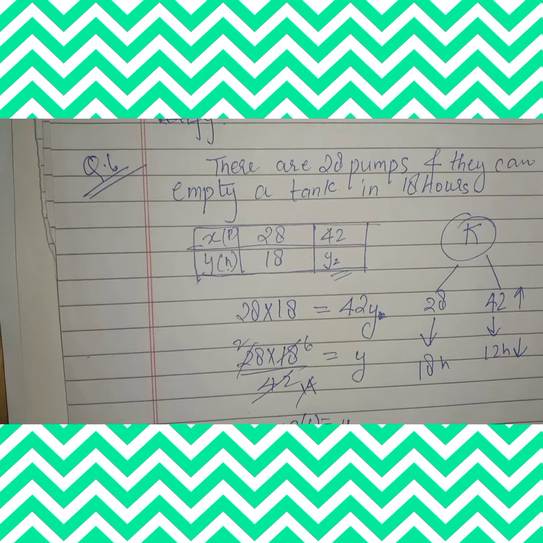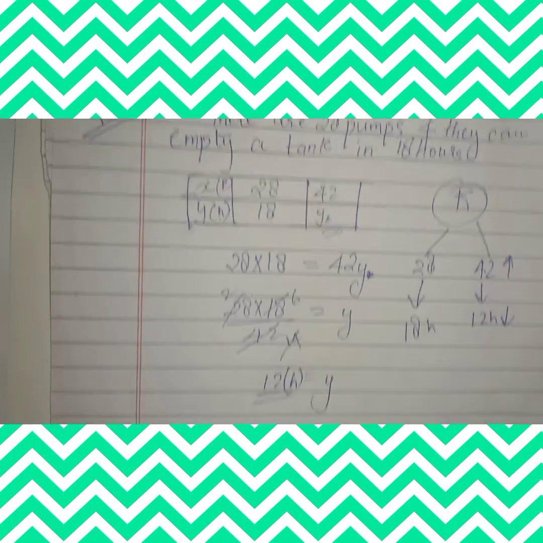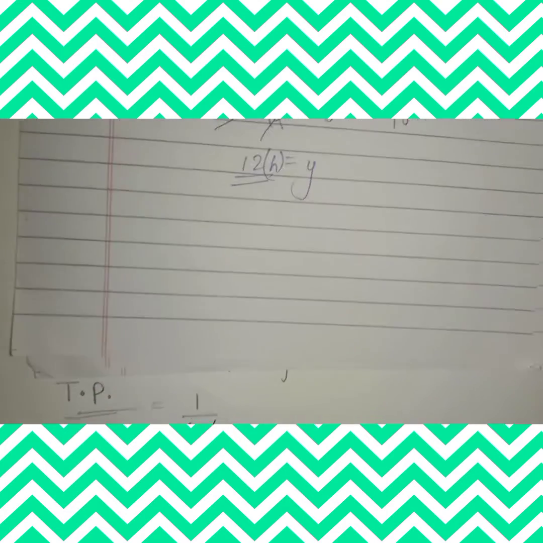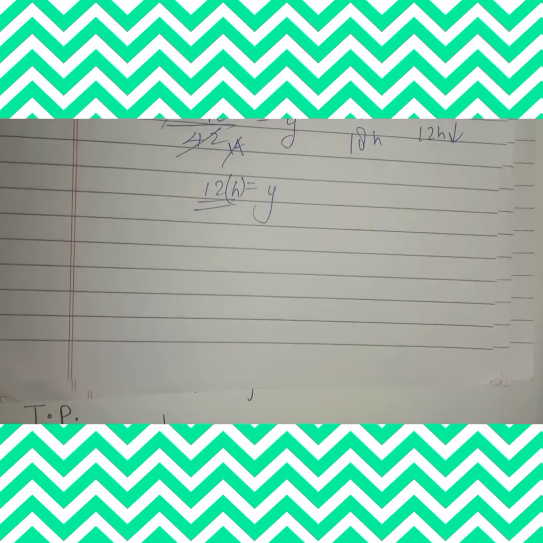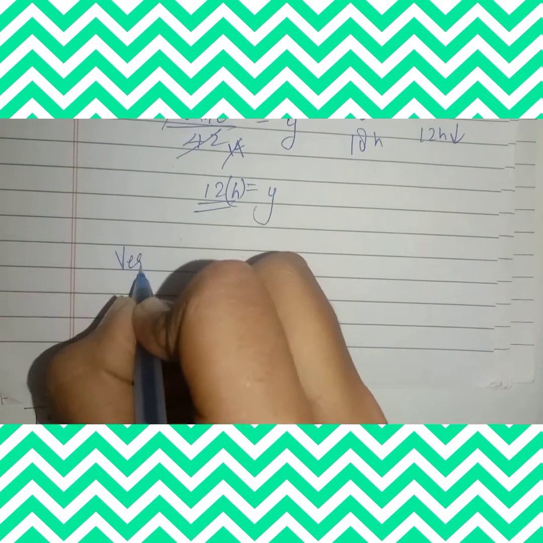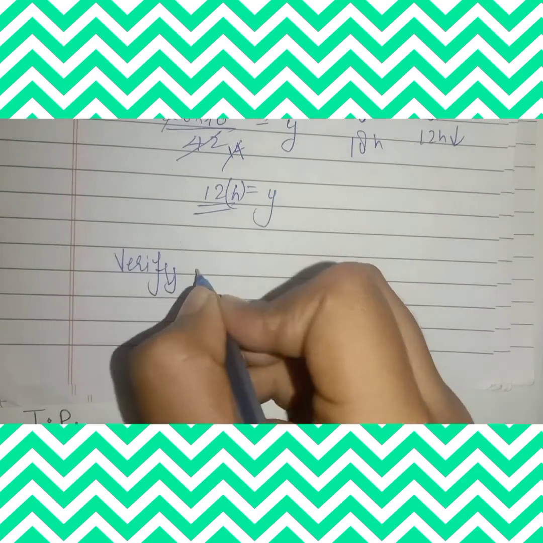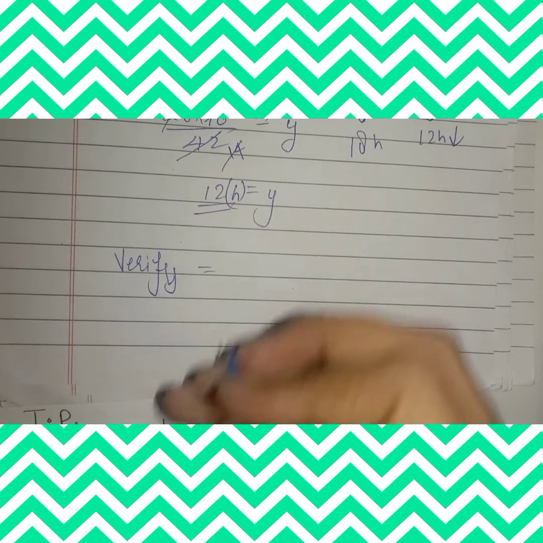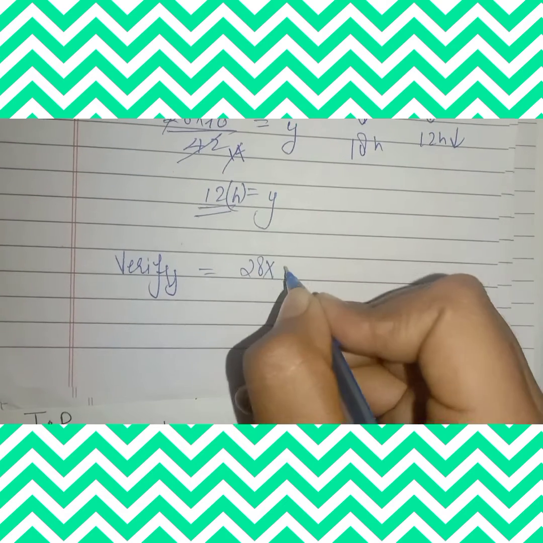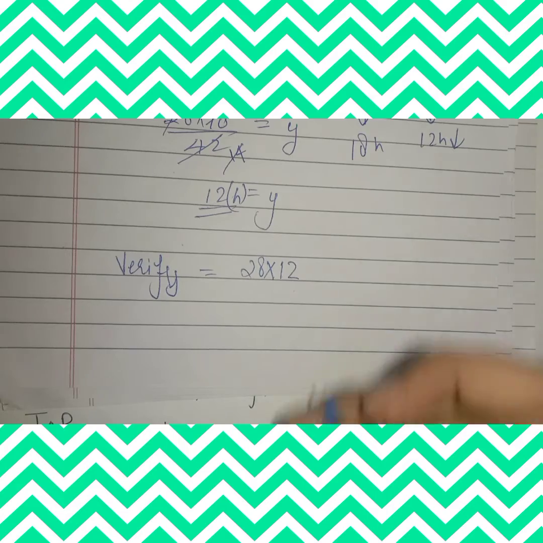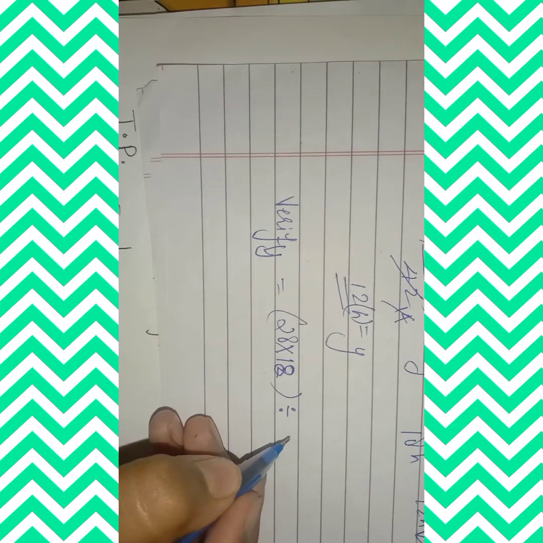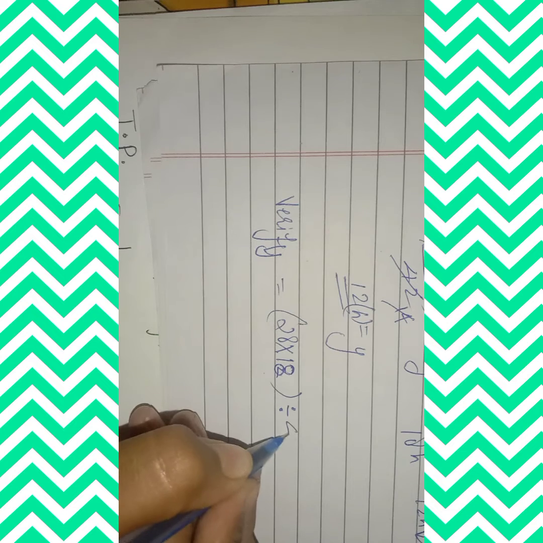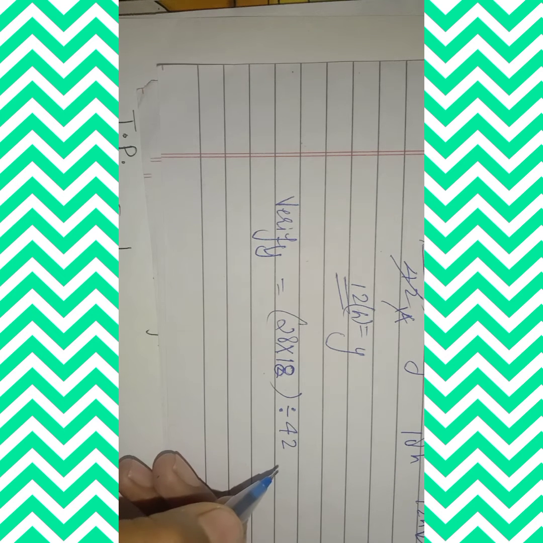If we want to verify it, you will just multiply 18 and 12 and divide it by the number of pumps which was changed.